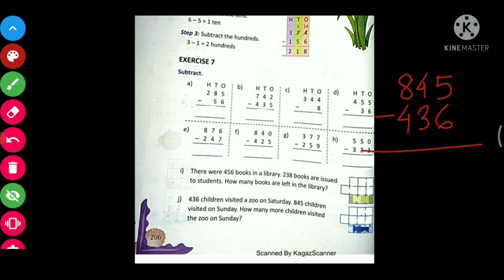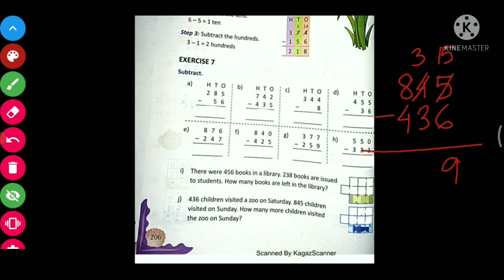So see, in ones place 5 and 6 is there, so this is not possible, right? So it will borrow 1 from the tens place and it will become 3. Now this 1 will become 10 when it reaches the ones place. Now 10 plus 5, it will be 15. Now 15 minus 3, how much will it be? 9, right?